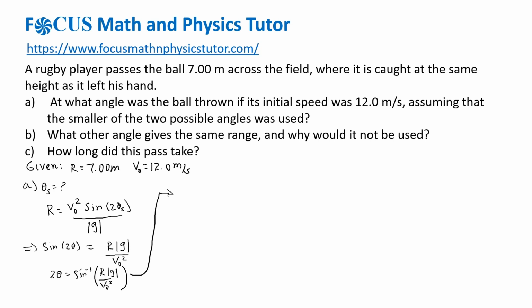And therefore, if you divide both sides by 2, theta will be half sine inverse of R multiplied by the absolute value of the gravitational acceleration divided by the magnitude of the velocity squared.